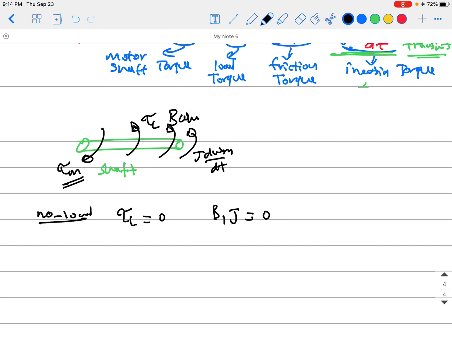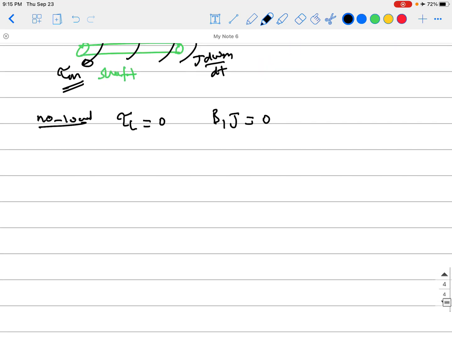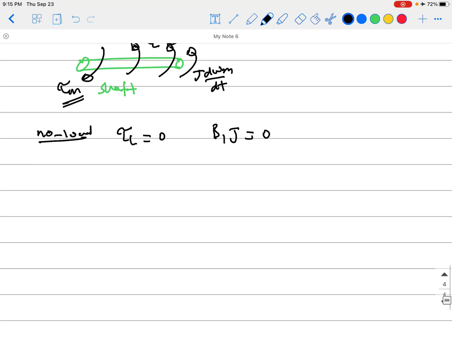If he gives you a value for these, you take it into account. If not, you assume they're 0. They should be very small values compared to the load torque. It's realistic sometimes to just assume they are 0, as long as you're considering the load to be 0.